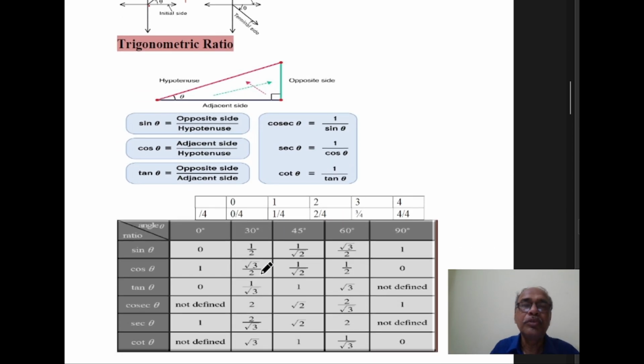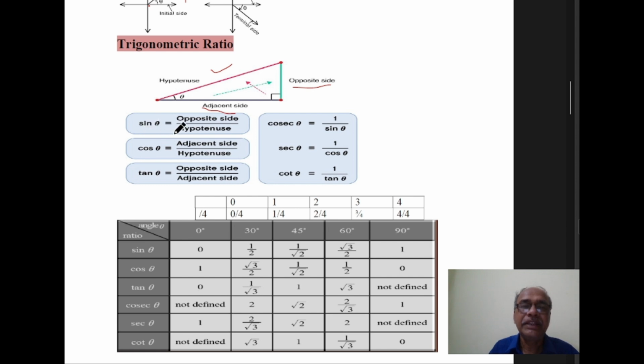Now we move to trigonometric ratios. Here you see, this is a triangle. This angle is 90 degrees, and we know that this side, which is opposite to 90 degrees, is the hypotenuse. And if we consider this as the base angle theta, then the opposite of this is the opposite side, and this side is the adjacent side.